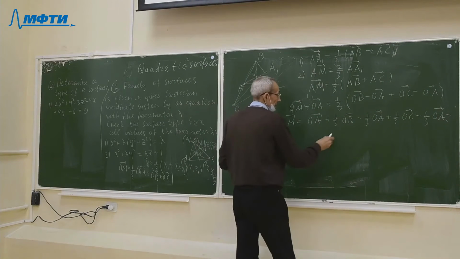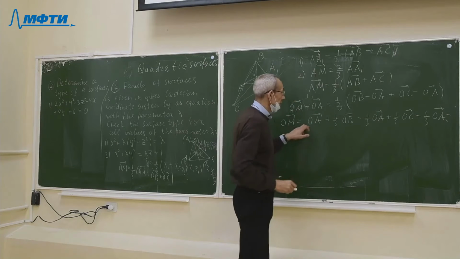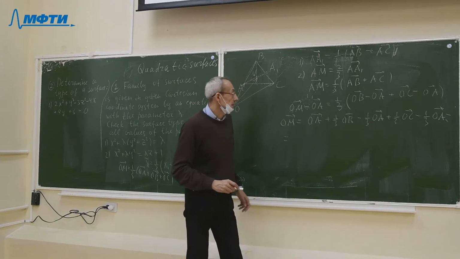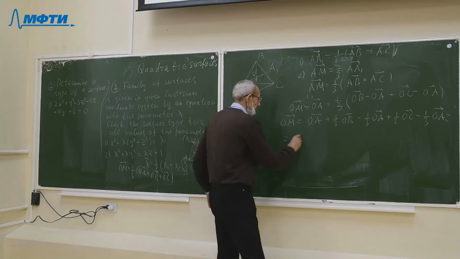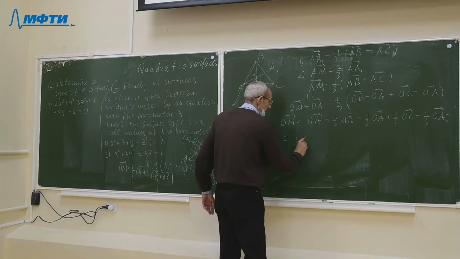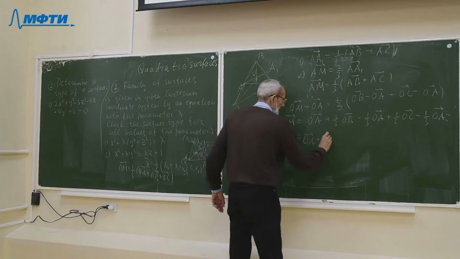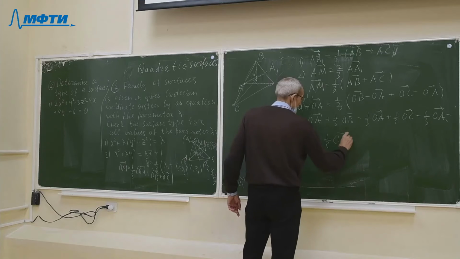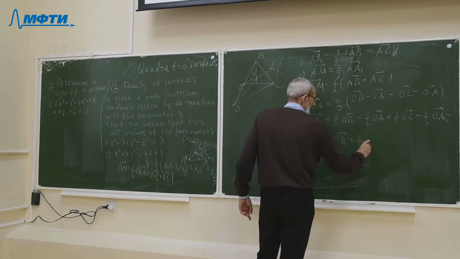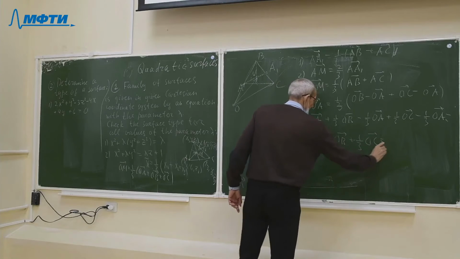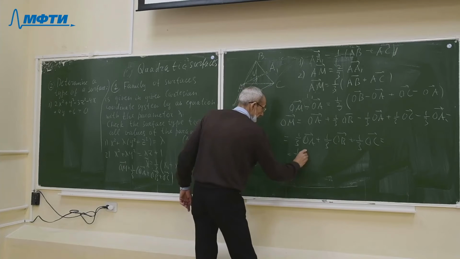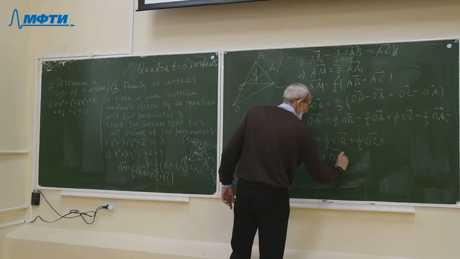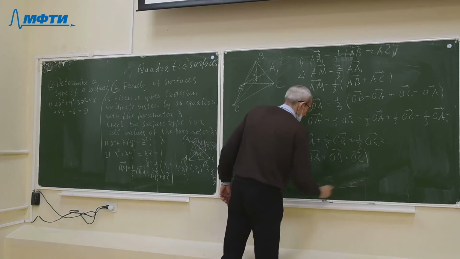And we obtain 1/3 OA plus 1/3 OB plus 1/3 OC. And we obtain the following formula: OA plus OB plus OC.